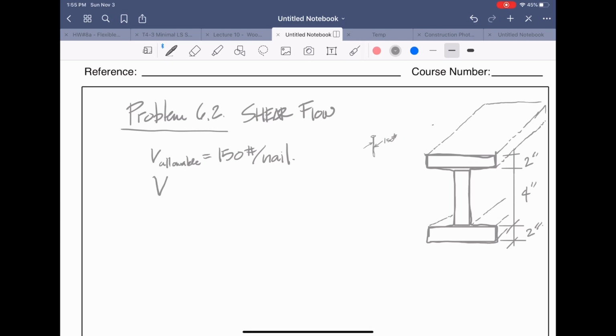Remember, shear allowable is the maximum allowed shear load on that nail. That's what it means.